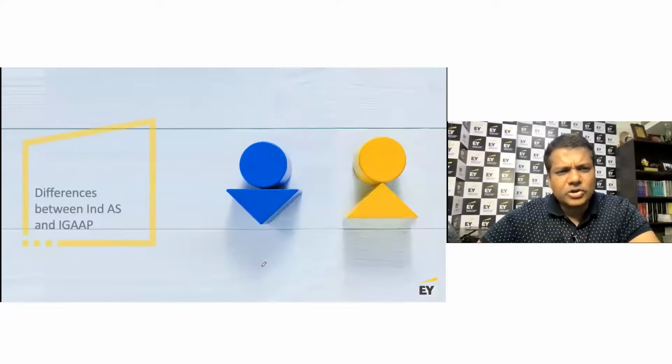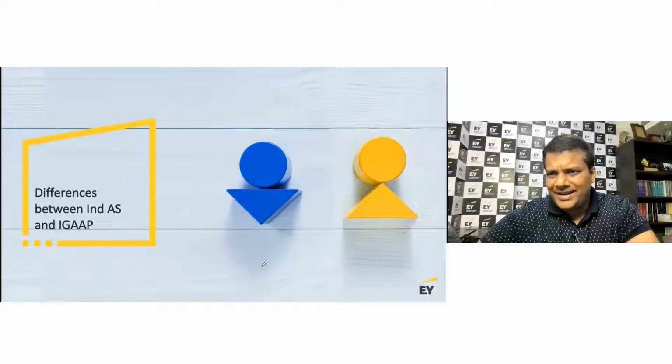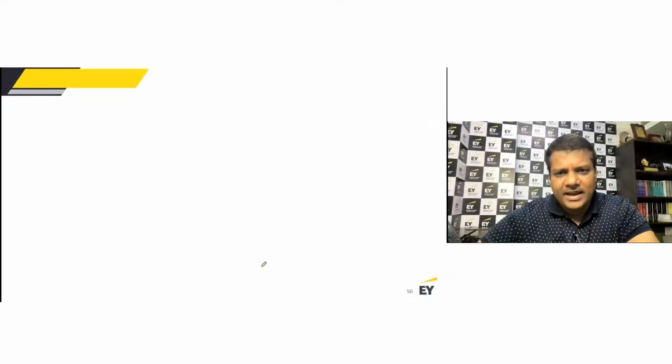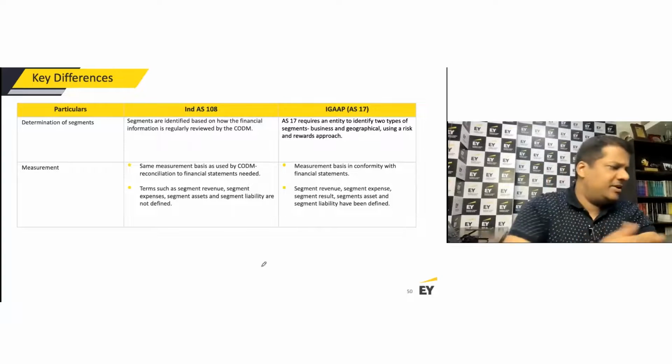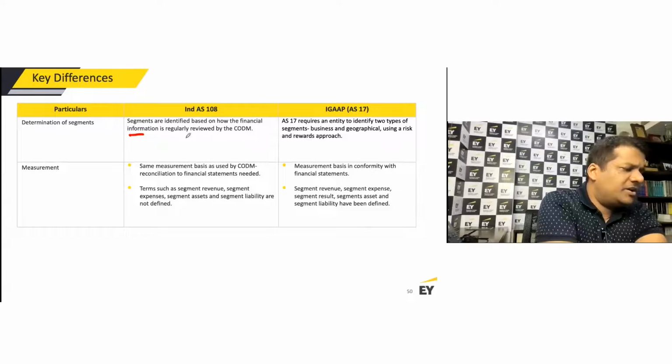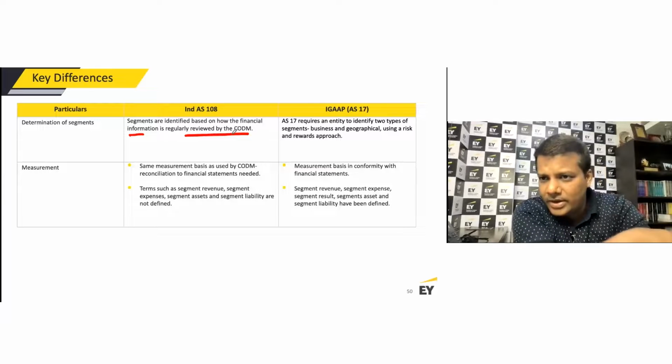Okay, so now we're going to quickly talk about the difference between IND AS and Indian GAAP. So what are those differences? IND AS is IND AS 108, and we have Indian GAAP AS 17. When you look at the determination of segments, they are identified based on the financial information regularly reviewed by the CODM.